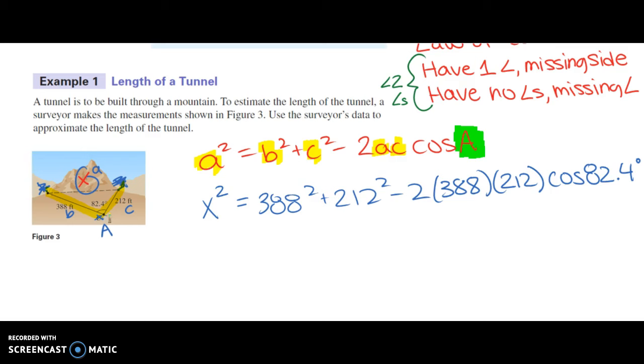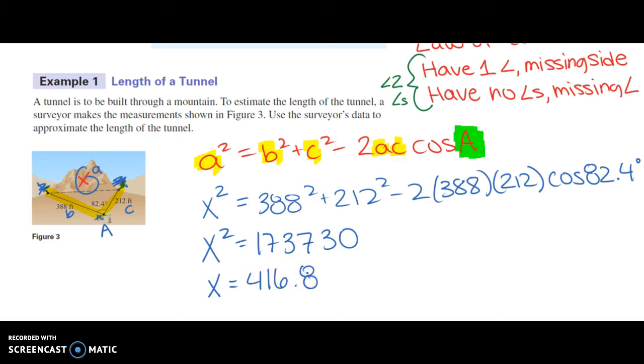Now notice that is solving for x squared, so this will not be my answer. When I type this whole right side in my calculator, this is what I get. Check me. I'm going to round to the nearest whole number. That does not make sense for my answer, and we can see it's x squared, so when I take the square root, I get 416.8.